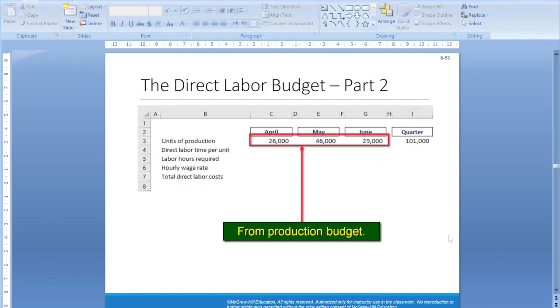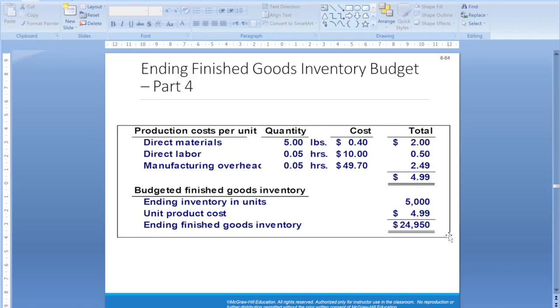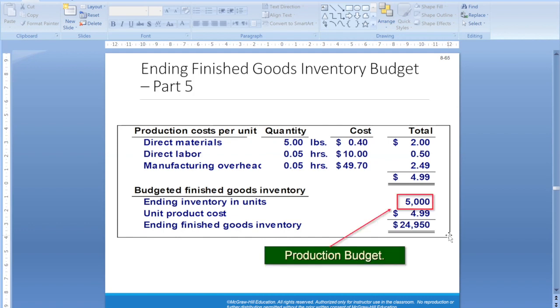Now, our current slide, which is in objective number 6 here, we have to calculate the budgeted finished goods inventory as a cost. So 5,000 multiplied by $4.99, and this equals $24,950 to be reported as the ending finished goods inventory in the financial position.